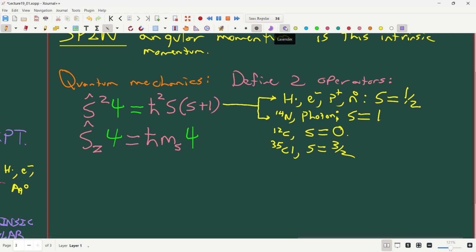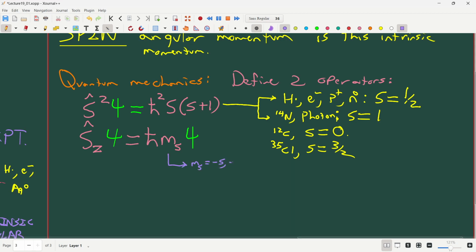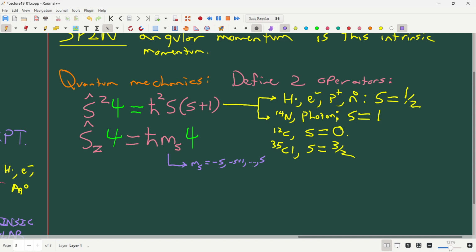And just like in angular momentum, m sub s runs from minus s plus 1 to s. All right, so it can run from minus s to s. So m sub s, again, just like m sub j for angular momentum, determines how the electron is precessing about some axis, right? How it's rotating.